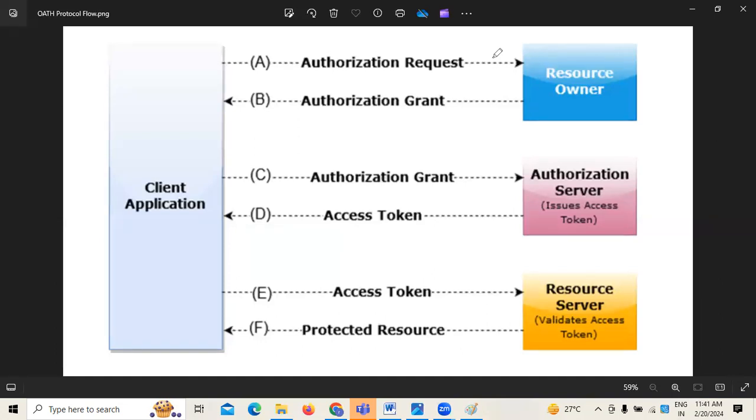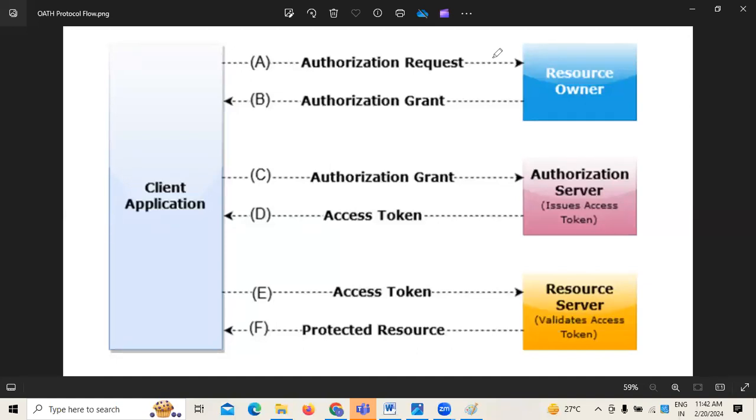In that context, the authorization server usually authenticates whatever client applications we have. At the same time, it must validate the authorization grant given by the client application. We have to check the validity with the authorization server, because that is also something we have to see.